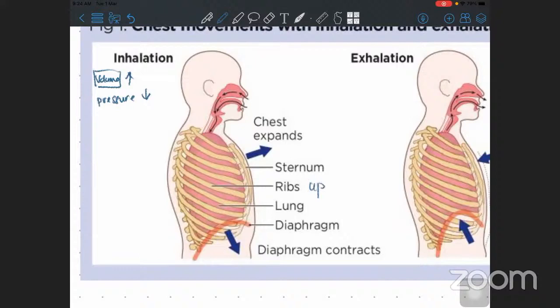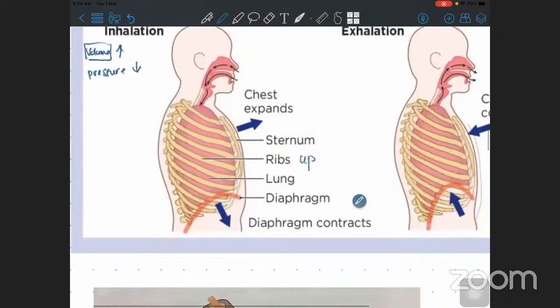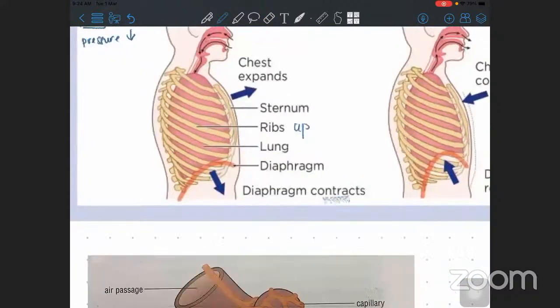The diaphragm muscle will also contract. So all of this will extend, to expand.